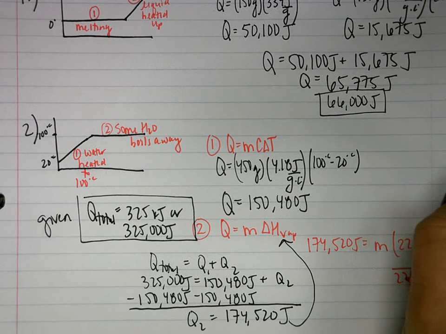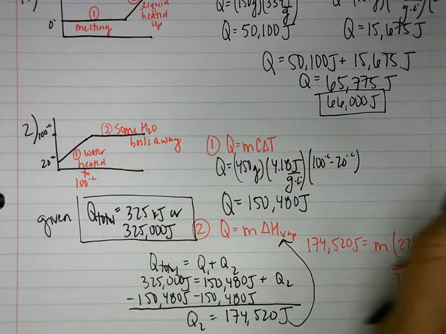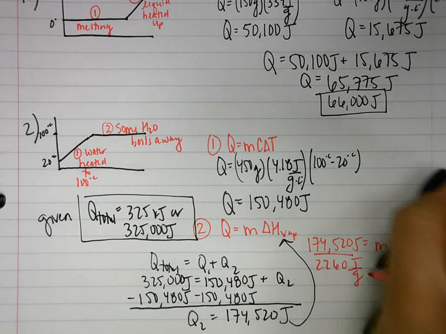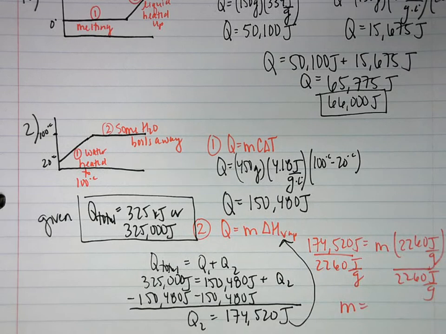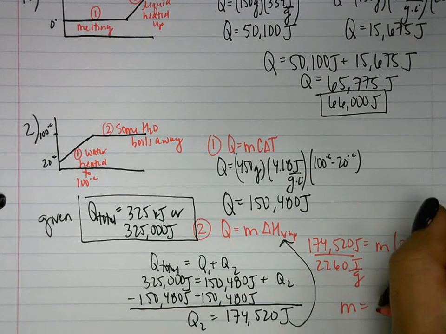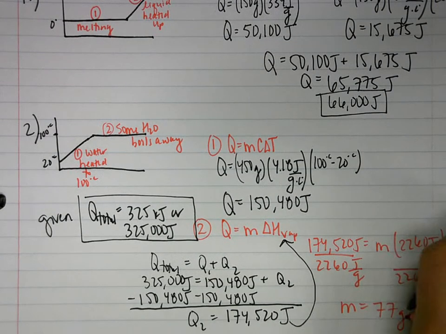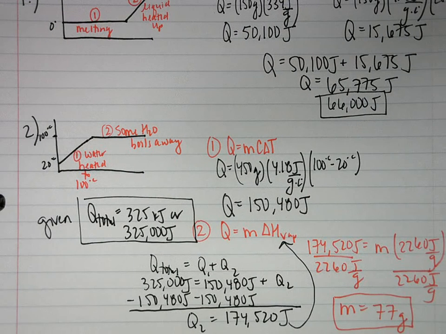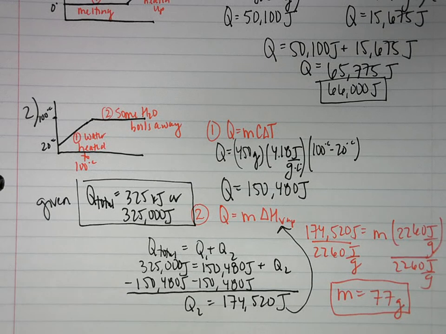Divide both sides by that, so my mass equals 77 grams. Okay, so these are a lot more challenging, two-step problems. You only need to do numbers 3 and 4 now. Hopefully this helps.